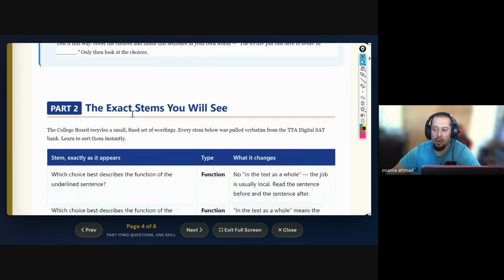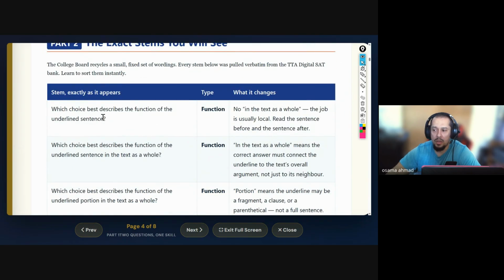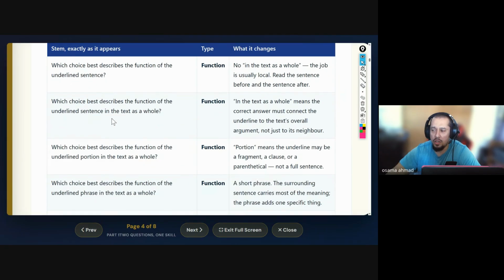Okay. Part two. How does the question come? The same question, by the way, right? Which describes the function of the underlined sentence in the text as a whole? The function of the underlined portion in the text as a whole. It's the same thing, right?